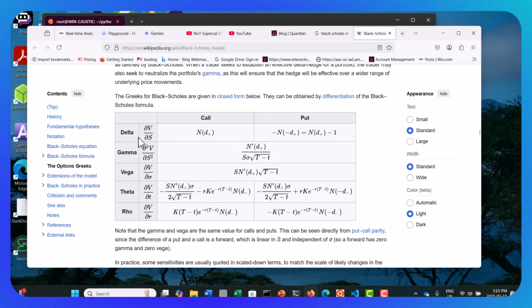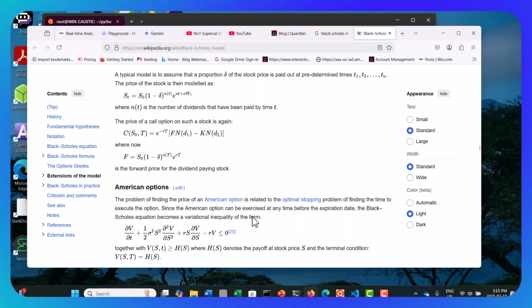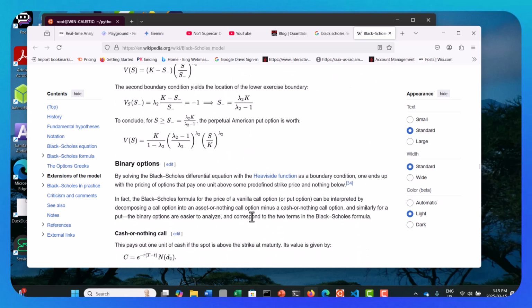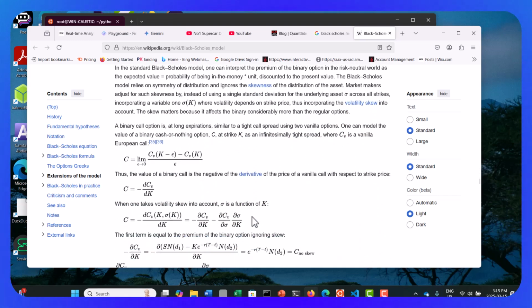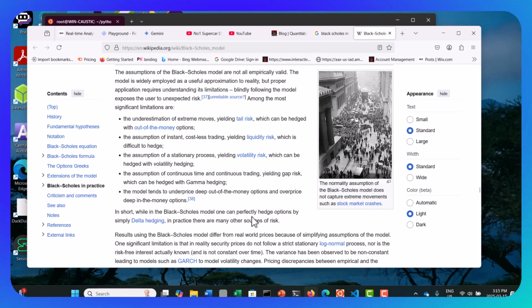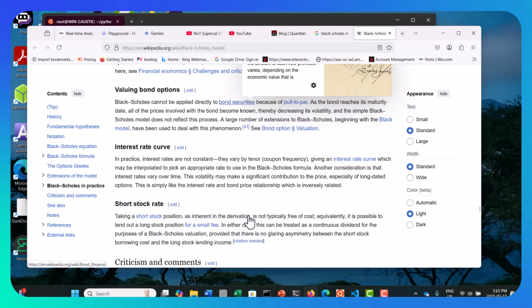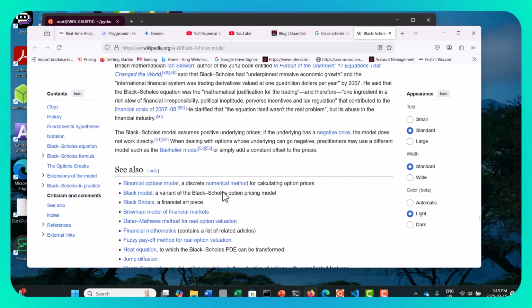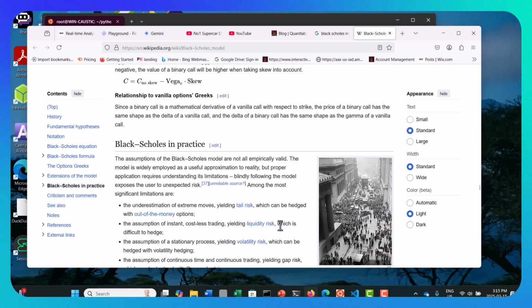And again, you get into all the fun stuff, the delta, gamma, vega, theta, rho, which I can get into in another video, which I will. You can see how it's very, very formulaic, and it covers measuring skew and Black-Scholes as well. This can be a good article as well. Commentary is included, and people criticizing it as well, our famous Nassim Taleb. But we'll leave it at that.